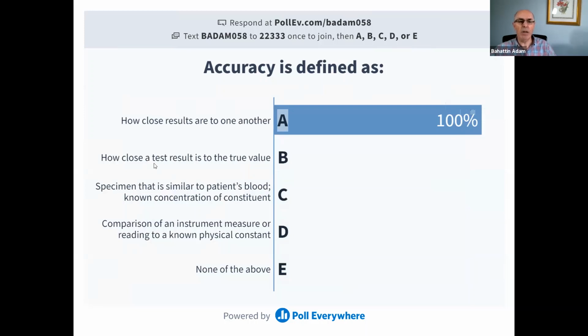How close a test result is to the true value is accuracy. The correct answer is B.